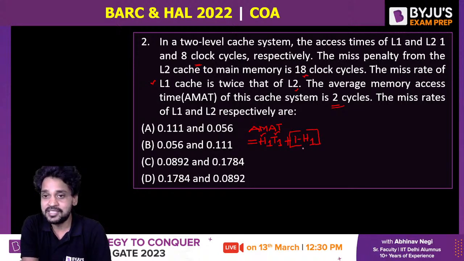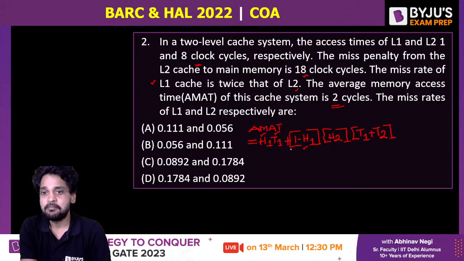So this is the miss rate of the first level cache, into H2, the hit rate of the second level cache, into the time which we have spent at the first level cache plus the time which we require to access the second level cache. So H1 T1 plus (1 minus H1). Why are we going to the second level cache?